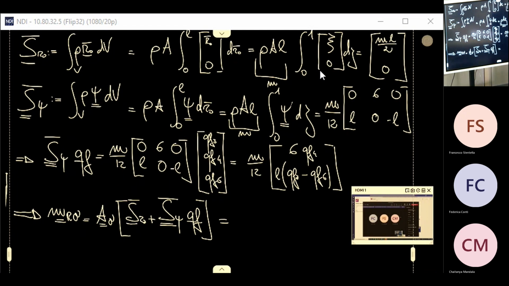Okay, and this we have everything to estimate this quantity. And so we can write it here.